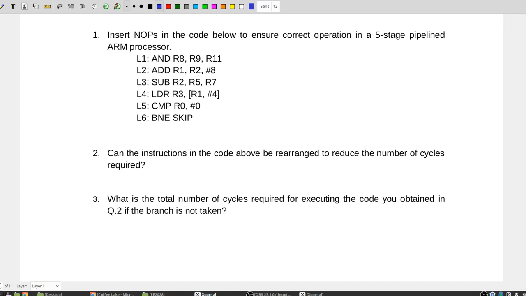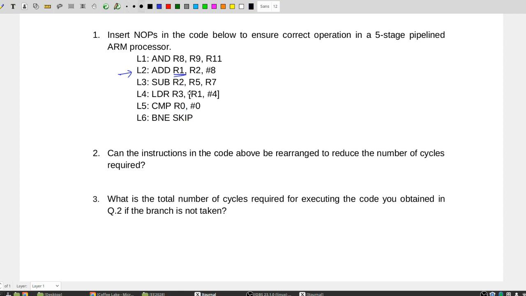program executes correctly. So here you see you have L1 writing to R8. Is R8 used by any other instructions after that? No. So L1 does not have a dependency with any other instruction. Now let us look at L2. L2 writes to R1. Is R1 used by any instructions here? Yes.